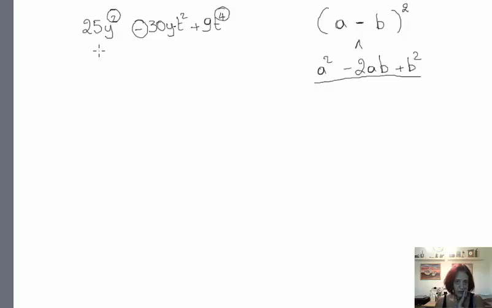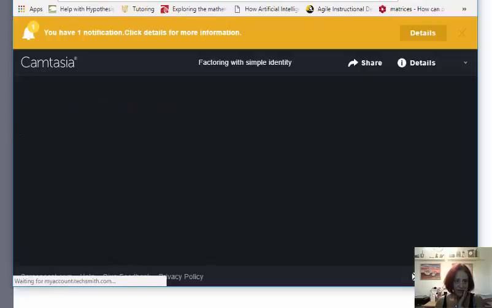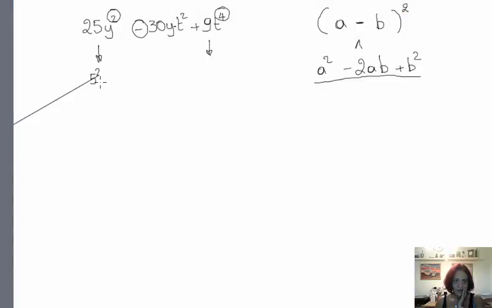So the first thing that we need to do is identify what is our A and what is our B. How do we do that? We are trying to see if these are perfect squares. So 25 is a square of 5. And what we have right now is 5 squared y squared. 9t to the fourth can also be written as 3 squared t to the fourth.